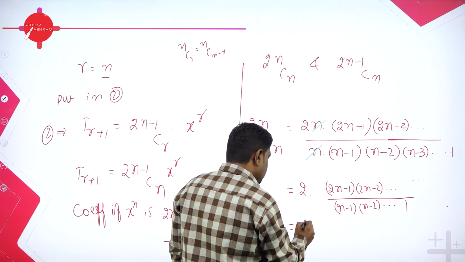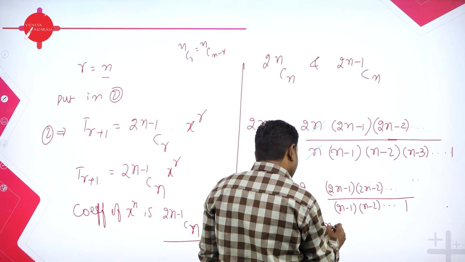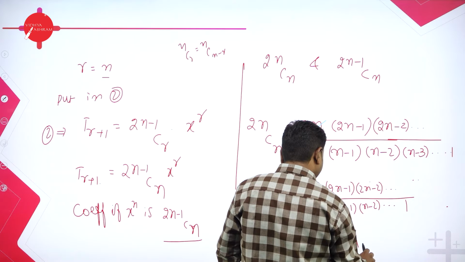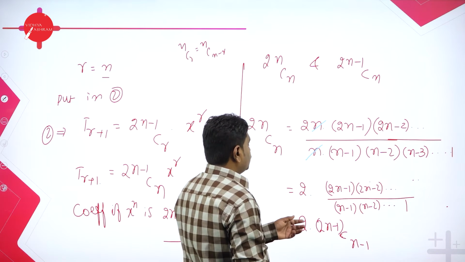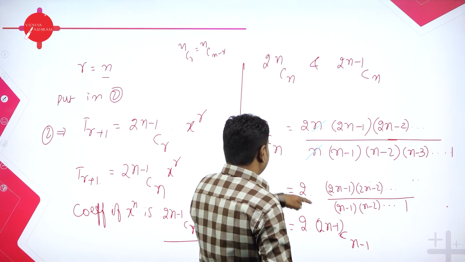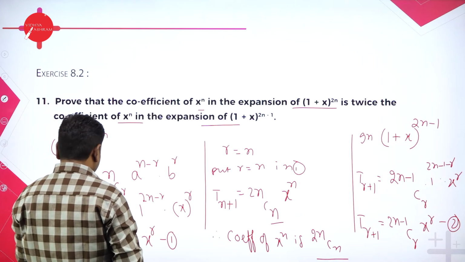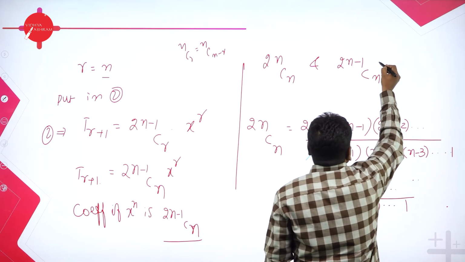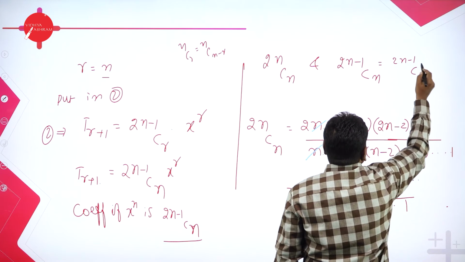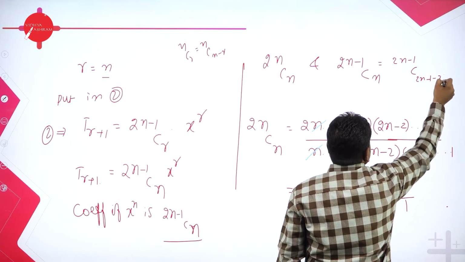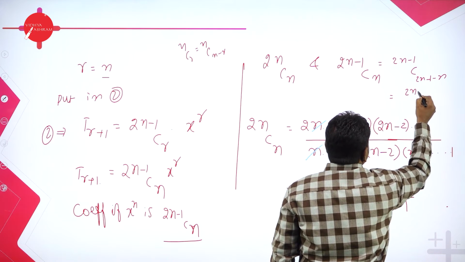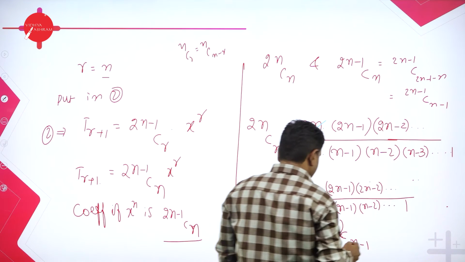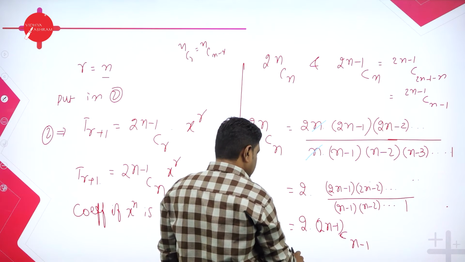So this is 2 times 2n−1 C(n−1). But I need 2n−1 Cn. Here in nCr, there also 2n−1 Cr can be written as 2n−1 C(2n−1−n), which becomes 2n−1 C(n−1). So therefore this is the same.